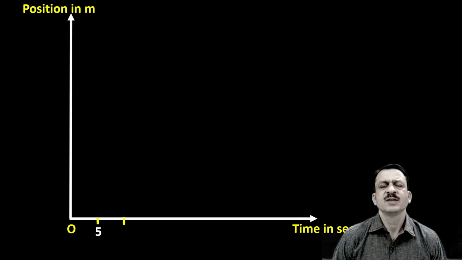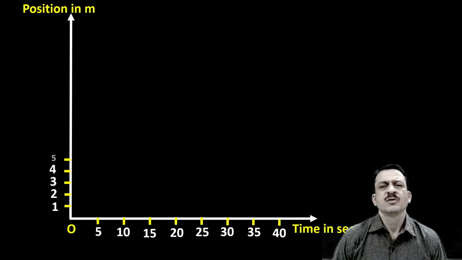Now 5 seconds, 10 seconds, 15, 20, 25, 30, 35, 40 seconds. Along the y-axis we will choose a suitable scale, 1 meter, 2 meter, 3 meter, 4 meter, 5 meter, etc., up to the 14th or 15th meter, because that pit is 13 meters away from the drunkard.